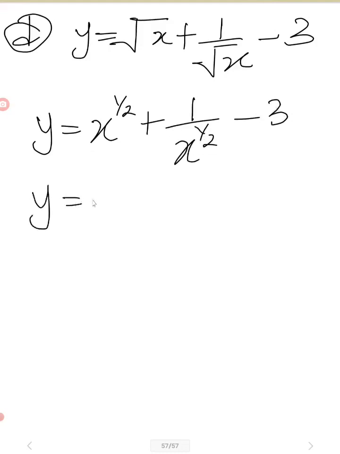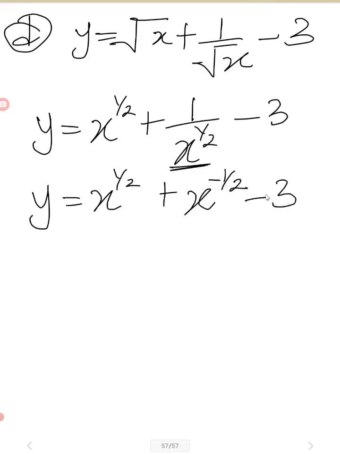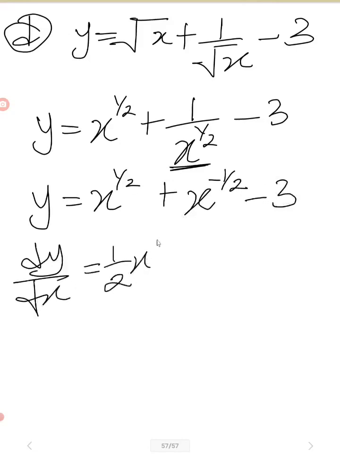Therefore, y is equal to x to the power half. By the time you apply the law of indices to this, we have x to the power minus half minus 3.